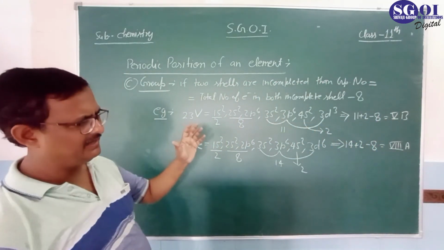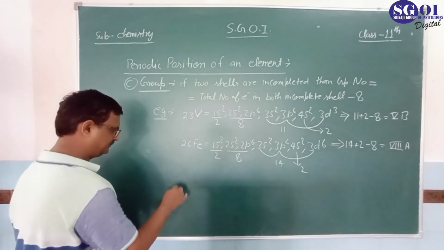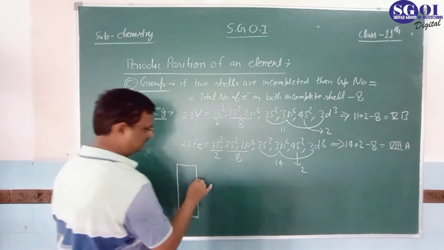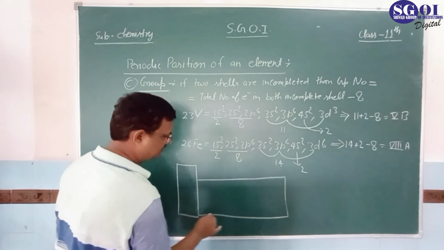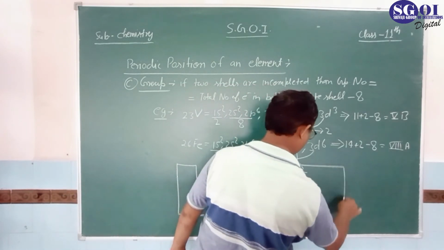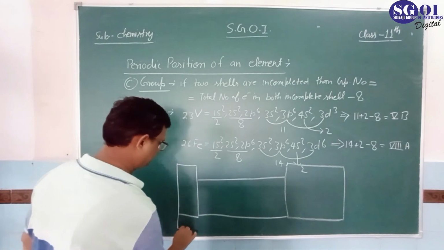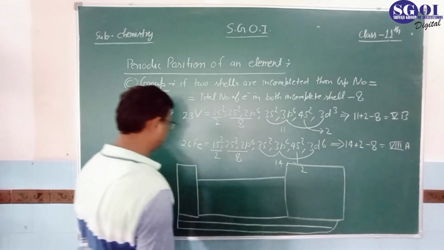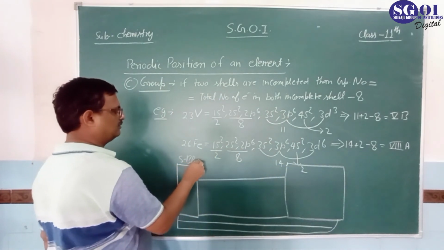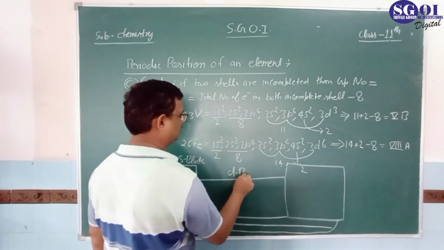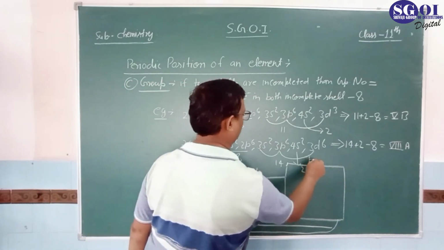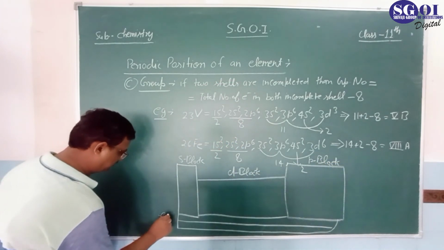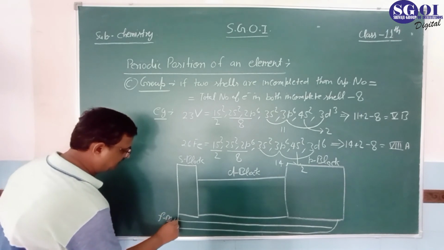So how will you decide A and B? See here, the periodic table looks like this. Block-wise study: S block, D block, P block and this one is the F block. This is the preview of the periodic table.